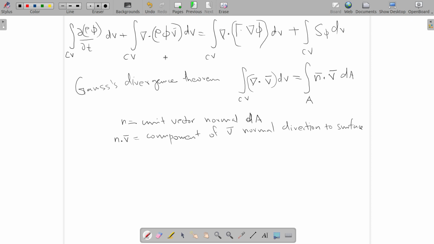So if we use the divergence theorem here, we can write the transport equation as: first term no change. In the second term, this is del dot a vector integrated over the control volume.